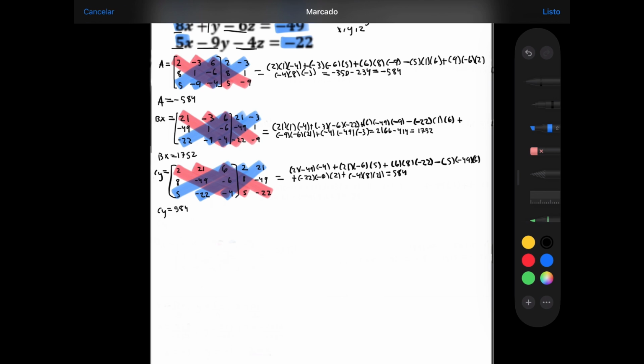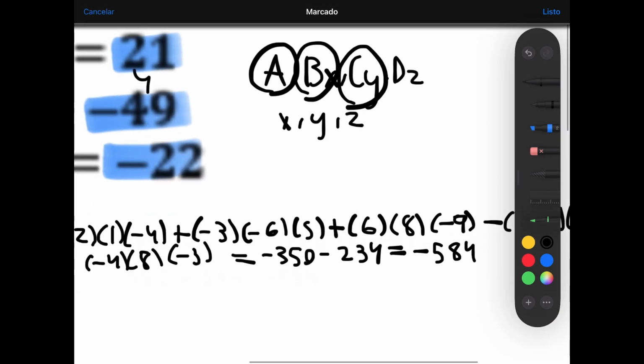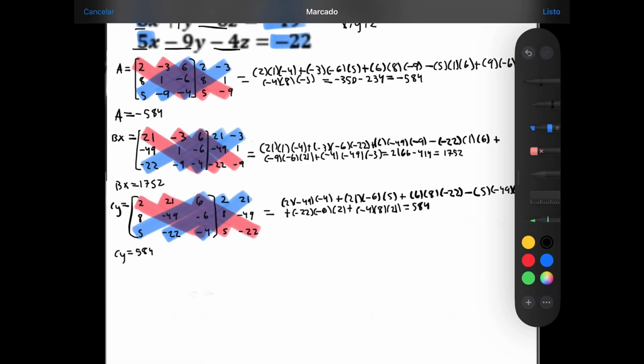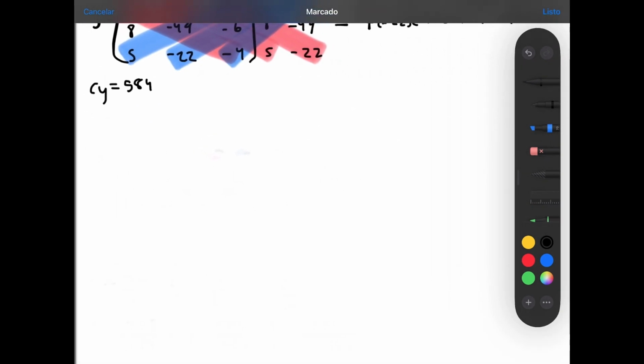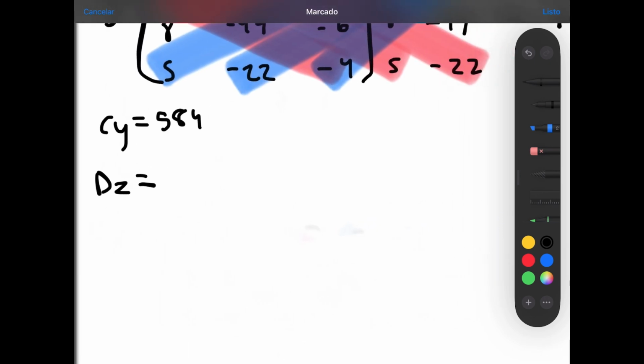We're done with this one. Now we're missing DC. So to calculate DC, the order of the coefficients will change once again.